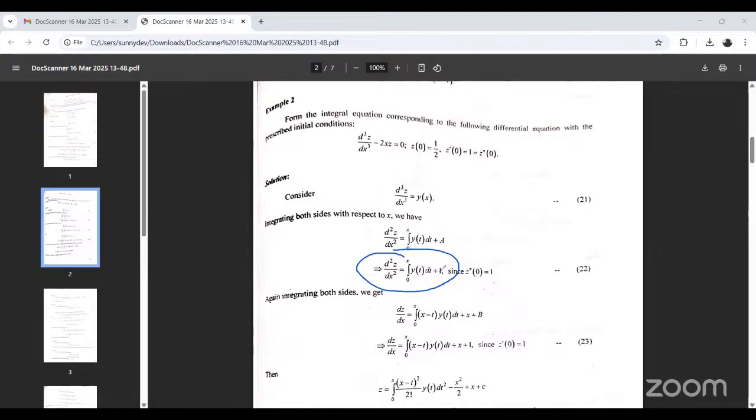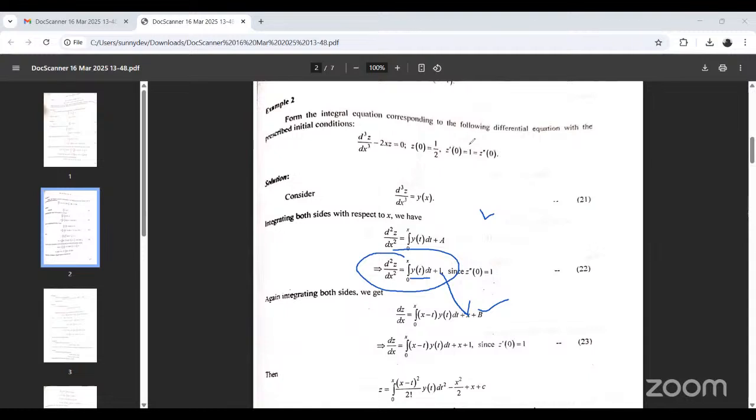The integration of 1 is x, and the constant we get is b. So the integral from 0 to x of 1 dt, we take x minus t and y of t dt.